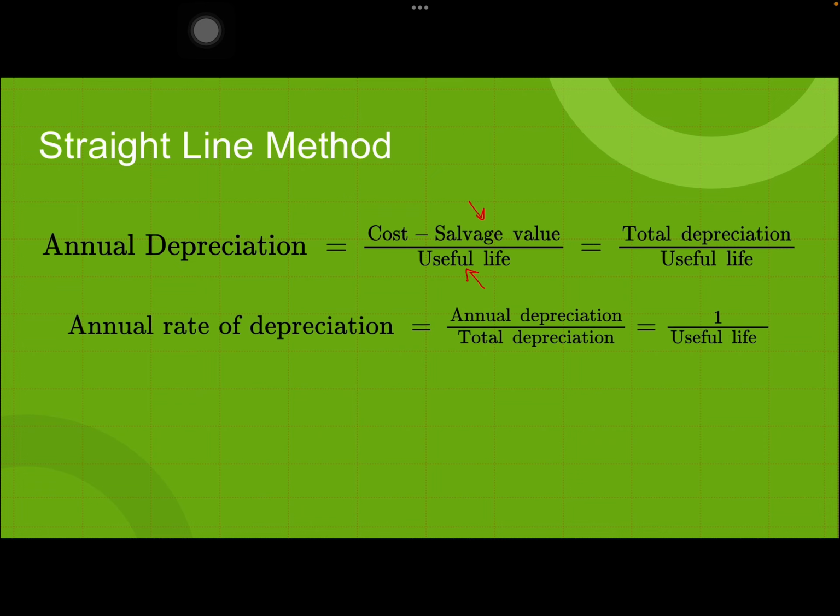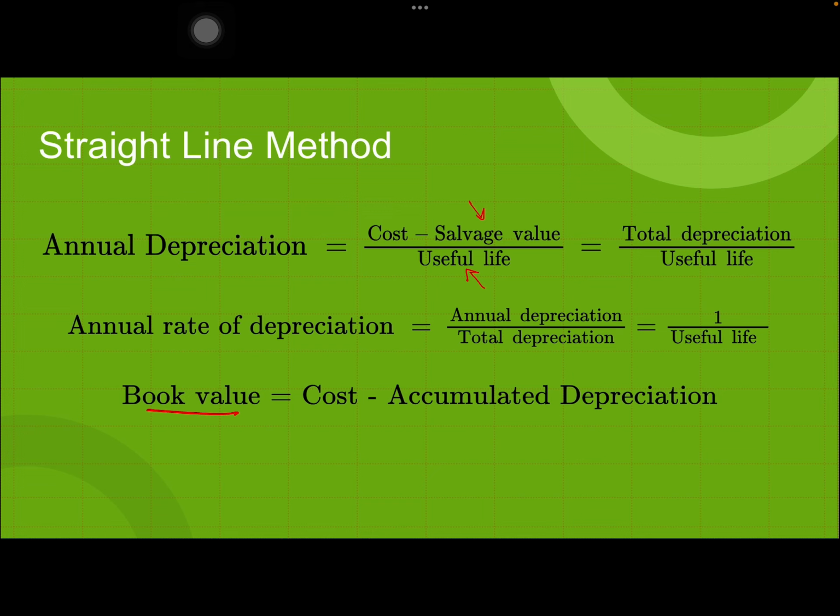If you want to compute the rate of depreciation, you can simply divide annual depreciation by total depreciation, or alternatively we can just take 1 divided by the useful life. And then we also have a formula for book value. Usually we evaluate the book value of our asset at the end of every financial or accounting year.